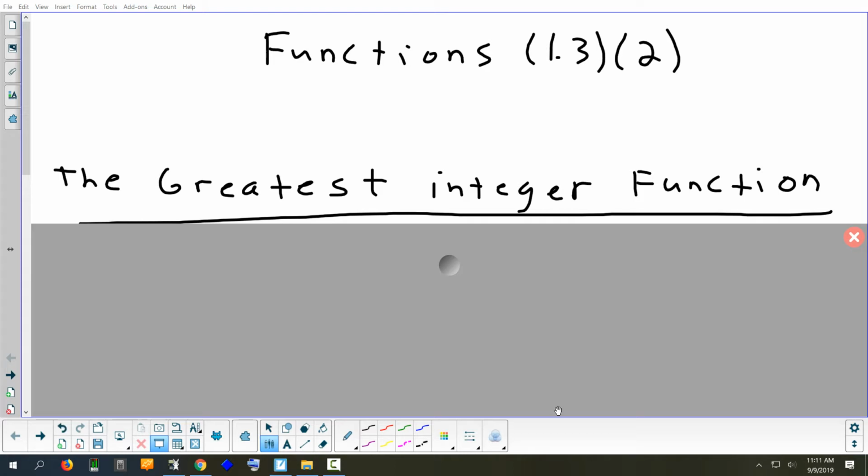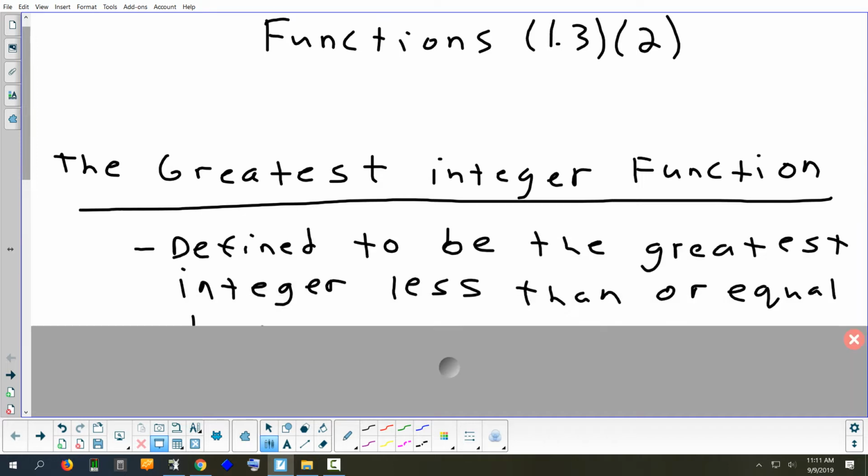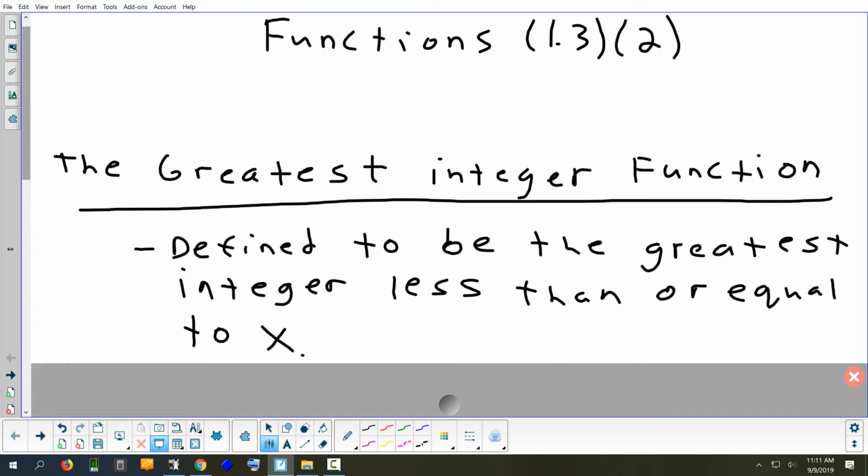Okay. The first thing we're going to talk about here is what's called the greatest integer function. It's a very simple function. It has kind of an interesting look when you graph it. The greatest integer function is just defined to be the greatest integer that's less than or equal to x.